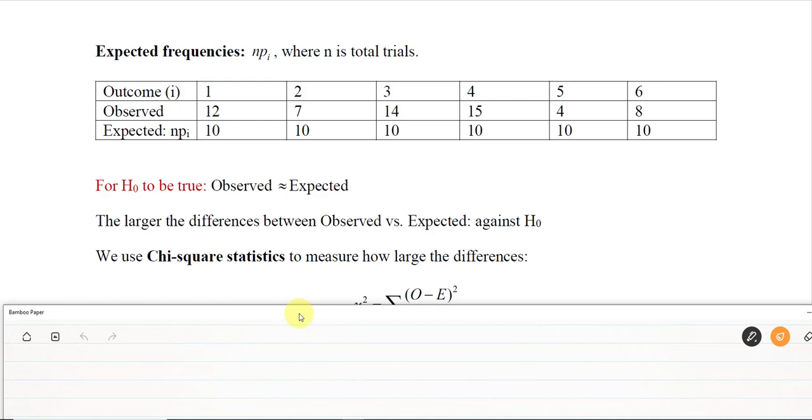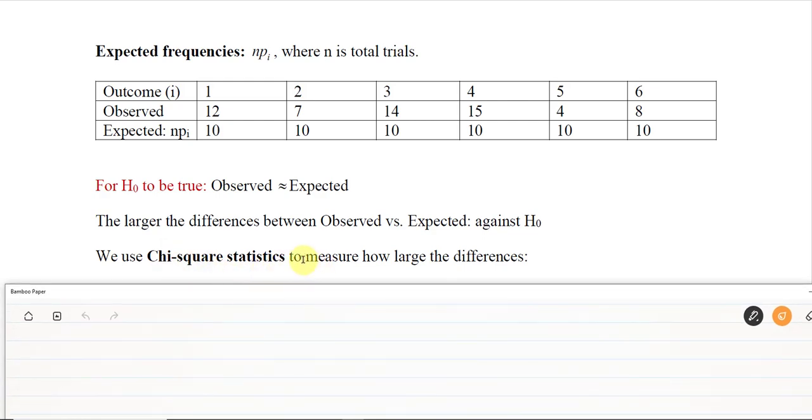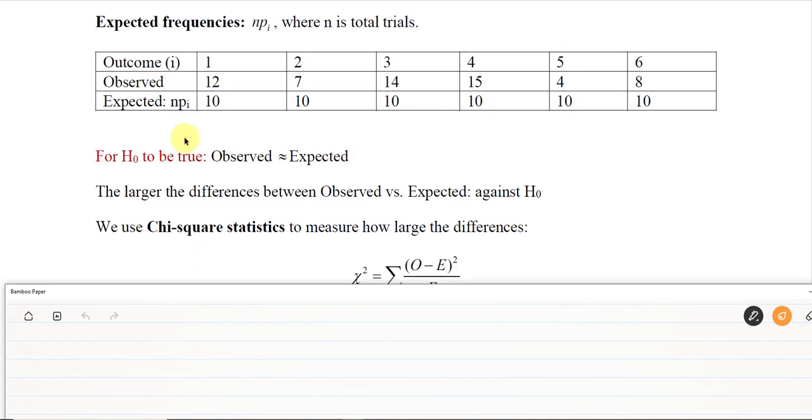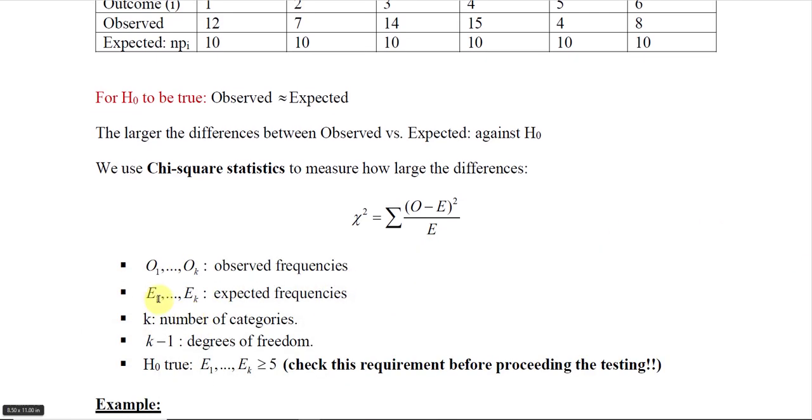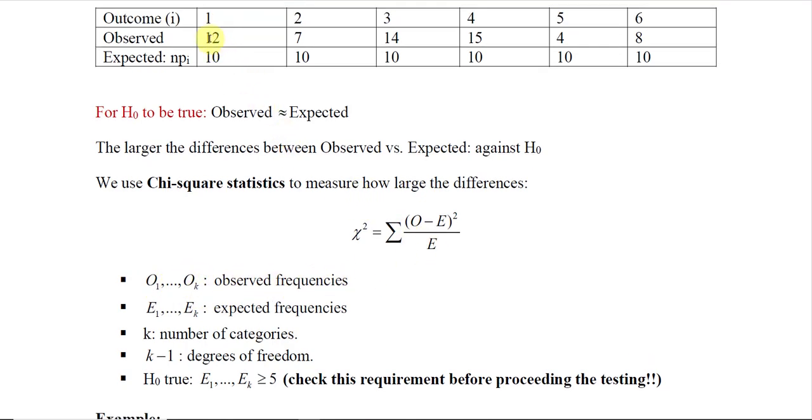And we can use the chi-square statistic to measure how large the differences are between the observed and the expected frequency. The chi-square statistic is defined to be the summation of (O minus E) squared over E. O sub 1 through O sub k are just the observed frequencies from the second row.